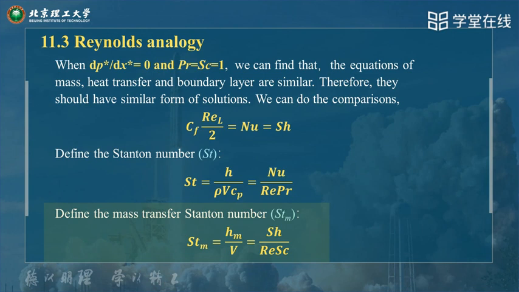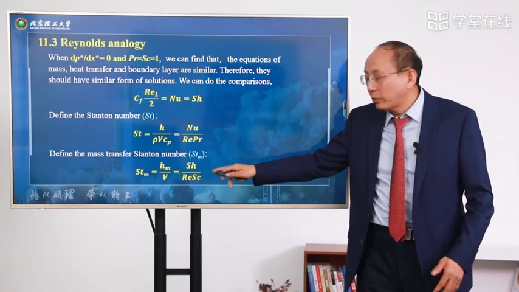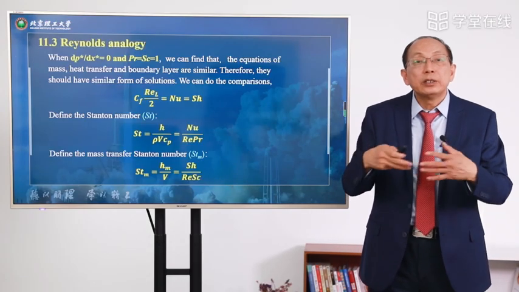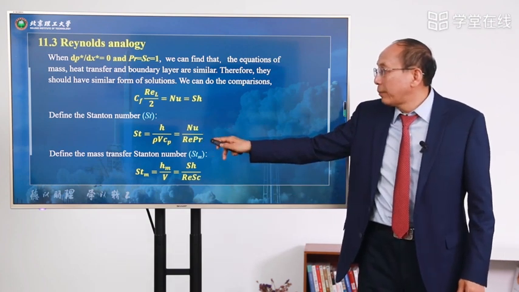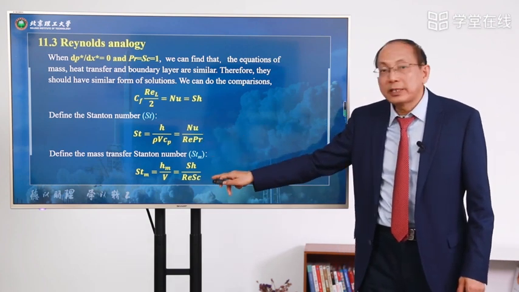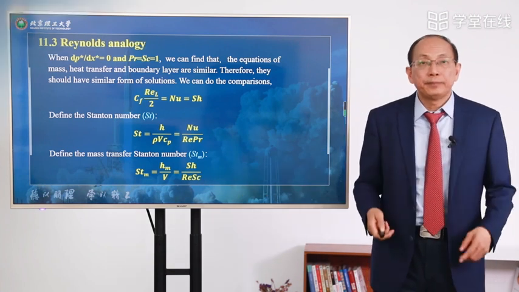Also define the mass transfer Stanton number: St_m equals hm over V, also equals the Sherwood number divided by Reynolds number times Schmidt number. This equation and this equation are very similar.